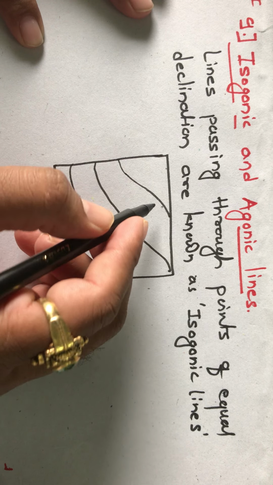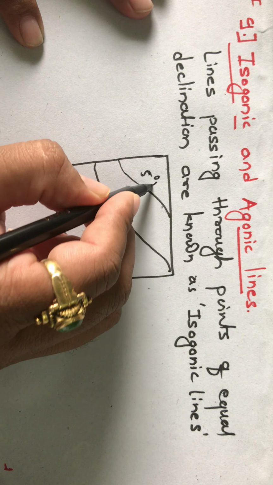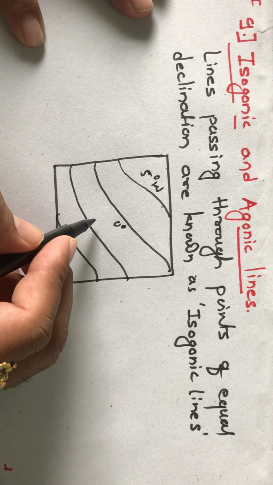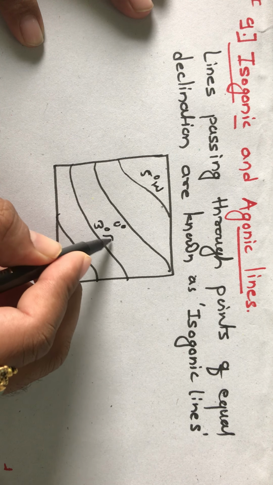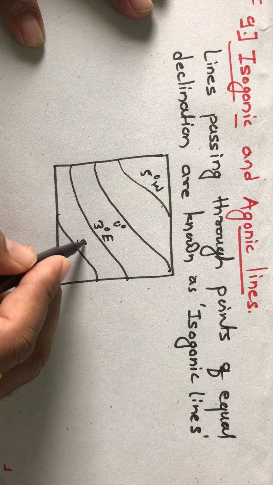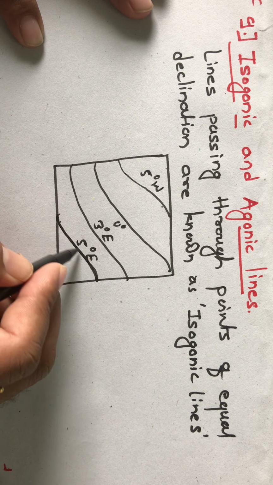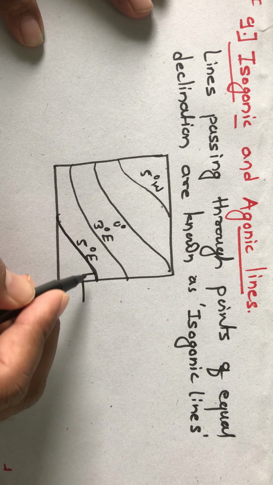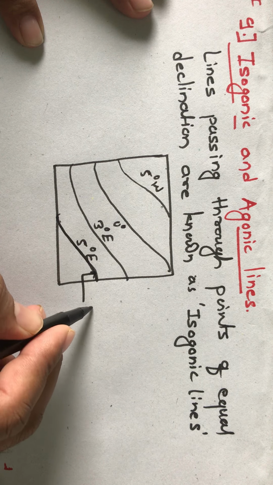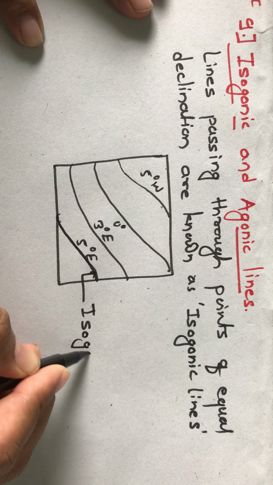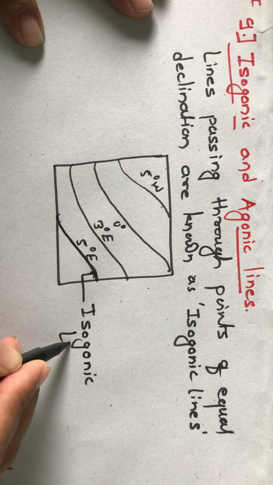Suppose 0 declination, 5 degrees towards the west, 3 degrees towards the east, 5 degrees towards the east, like this. So a line joining points of the same declination is called an isogonic line.